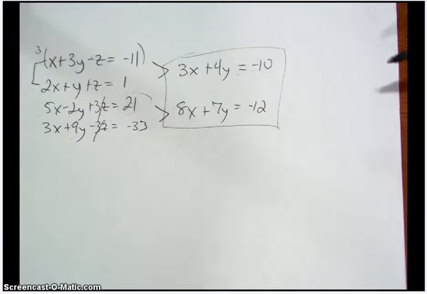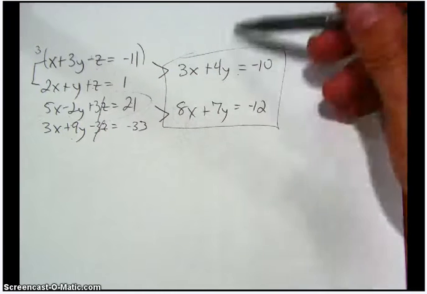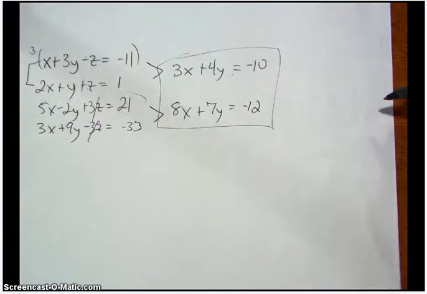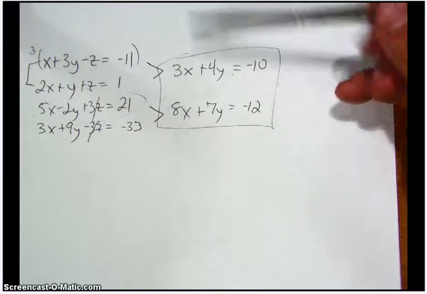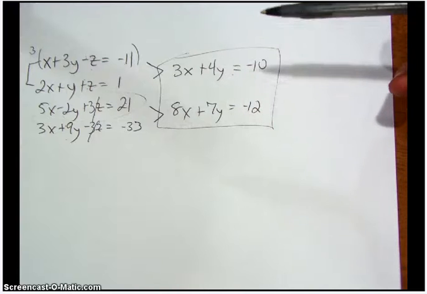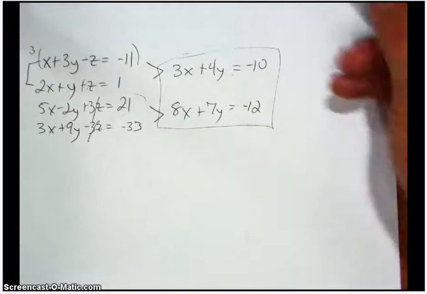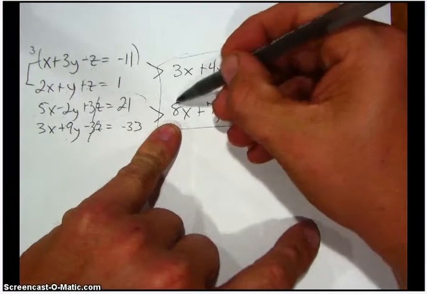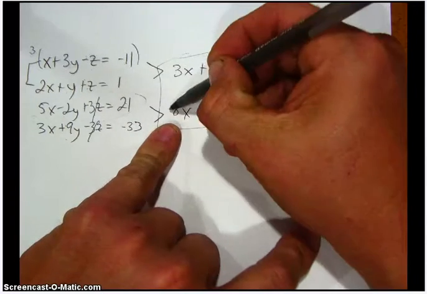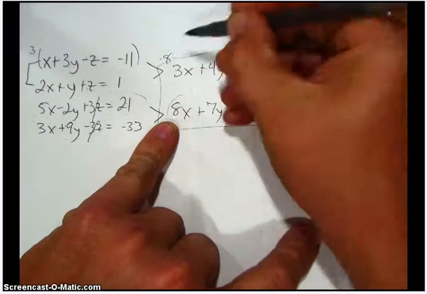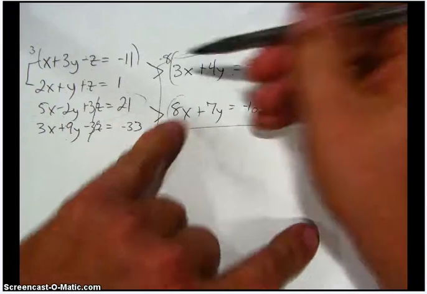Now you have to figure out whether you want to solve for x or for y. It doesn't really matter. I'm going to get rid of the x's. In order to do that, I multiply everything up top by 8, since this is 8, and everything down here by 3, since this is the 3.